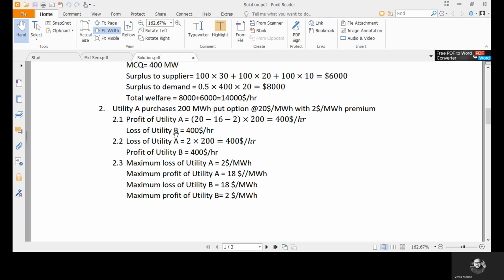Okay, now utility A purchases 200 megawatt hours put option at $20 per megawatt hour with $2 per megawatt hour premium. Now it says that the future spot price is 16. So put option is right to sell. Selling at 16 is a loss compared to selling at the strike price 20.